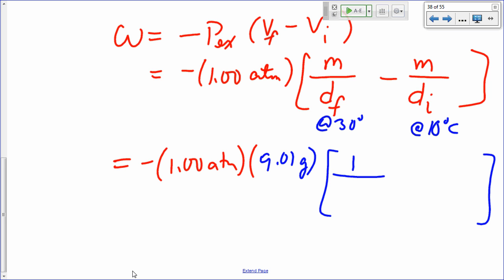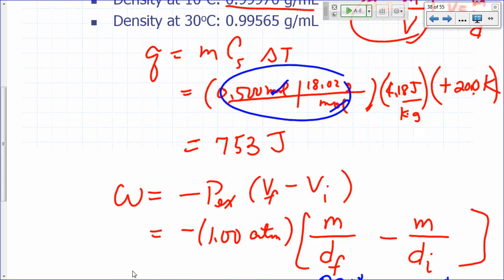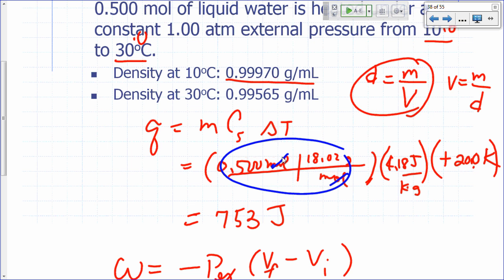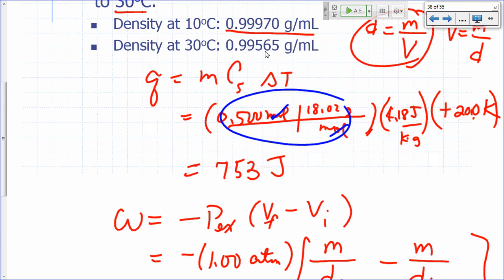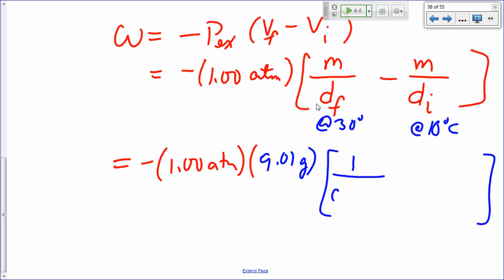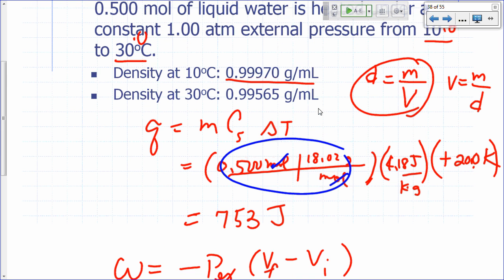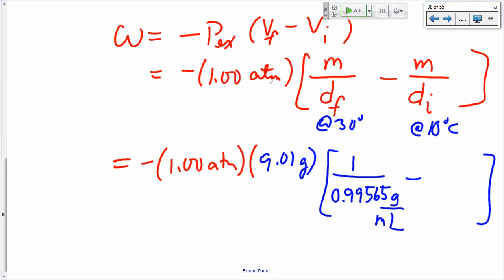One over, what's our density at 30 degrees? 0.99565 grams per mil. What's the density at 10 degrees? 0.99970 grams per mil. So grams are going to cancel out, and so you have your answer in mils there.